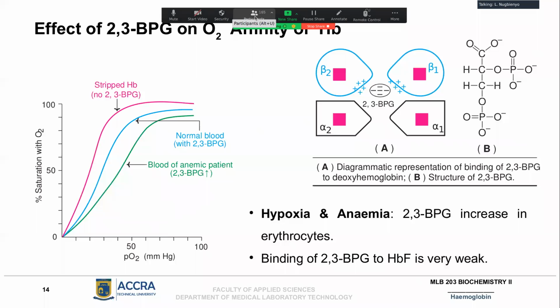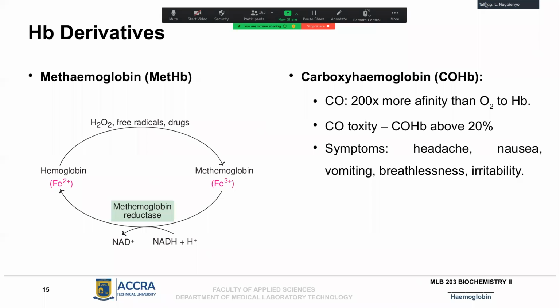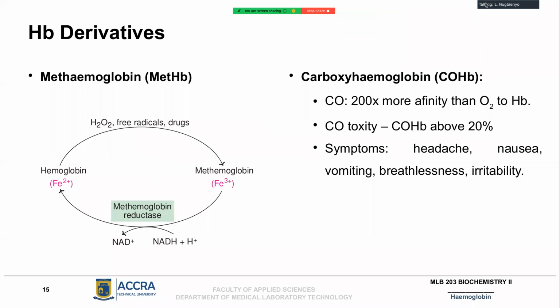Now, we are looking at hemoglobin derivatives, which can be caused by some drugs. Some drugs, some free radicals, hydrogen peroxide in the body can cause the oxidation of the iron. Remember, the iron in hemoglobin is in its bivalent form, carrying the charge 2+.